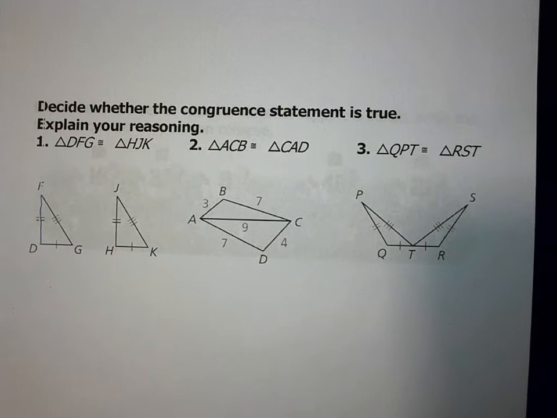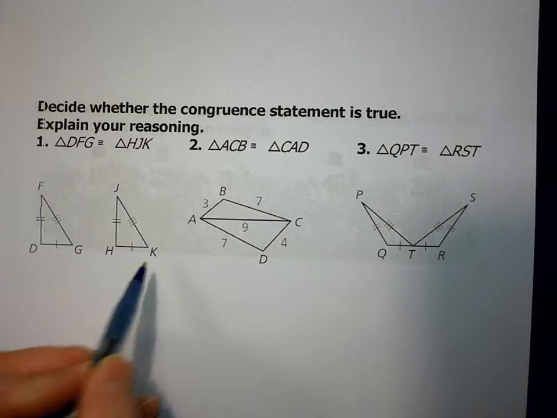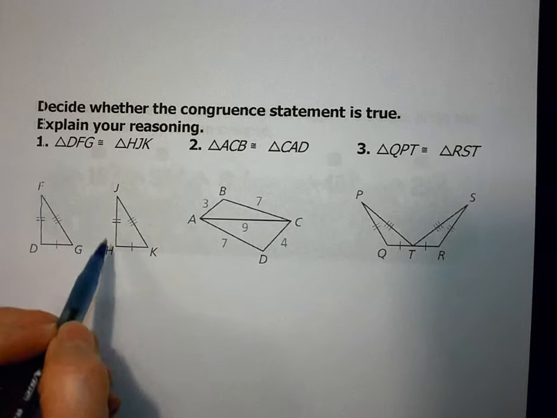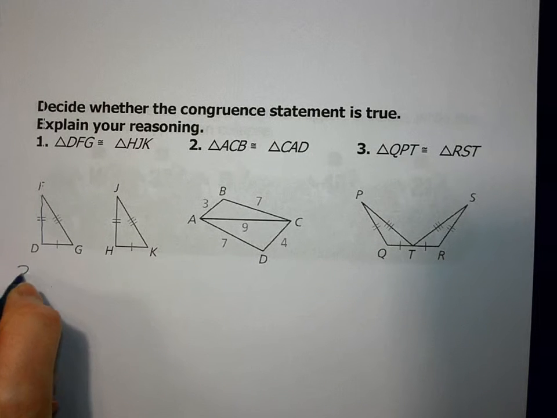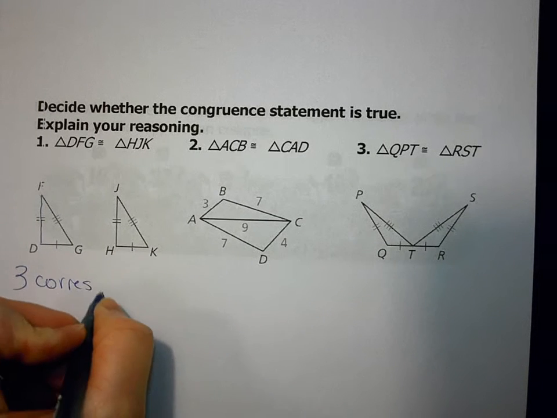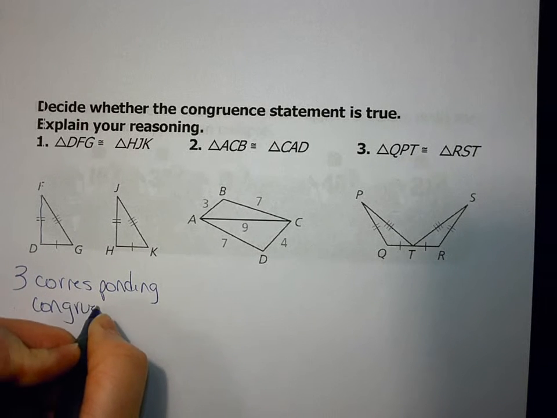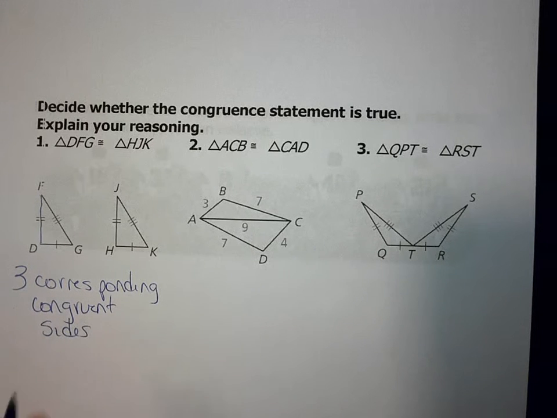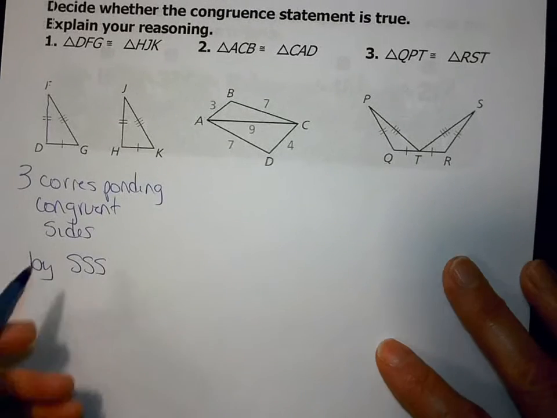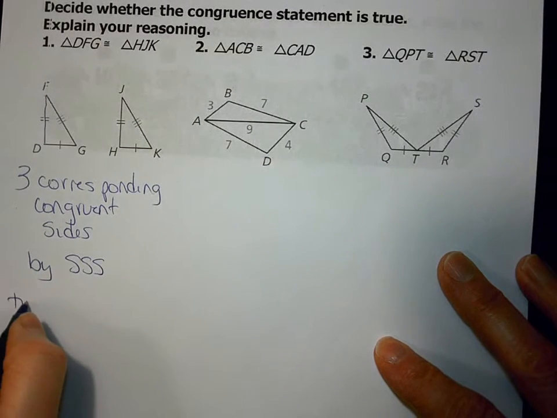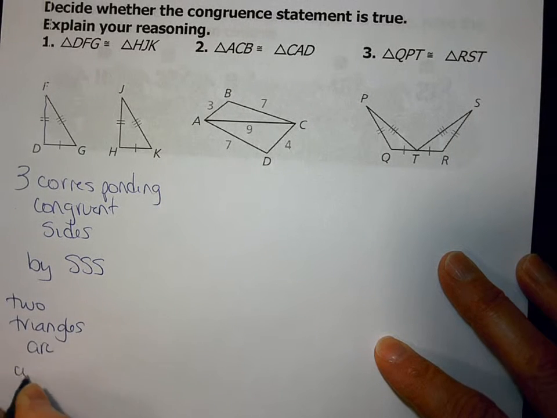We have two triangles, and if we look, we have hash marks on all three of them, so that we have DG is congruent to HK, we have FD congruent to JH, and FG congruent to JK, which means we have three corresponding congruent sides. So three sets of sides of the triangle that are congruent. So by the side, side, side theorem, we can say that those two triangles are definitely congruent.